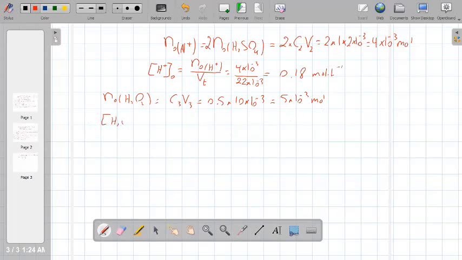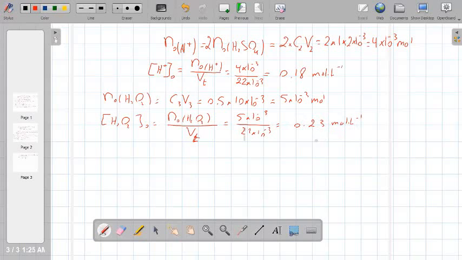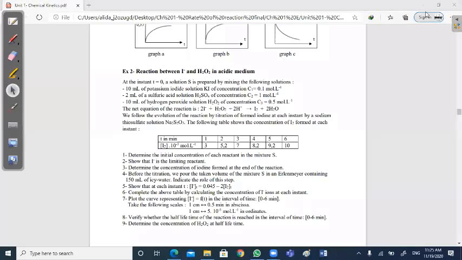Initial concentration of H2O2 equals N0 of H2O2 over V total, which gives 0.23, over 22 times 10 minus 3, 0.23 mole per liter. Okay, that is part 1, the initial concentration of each reactant.